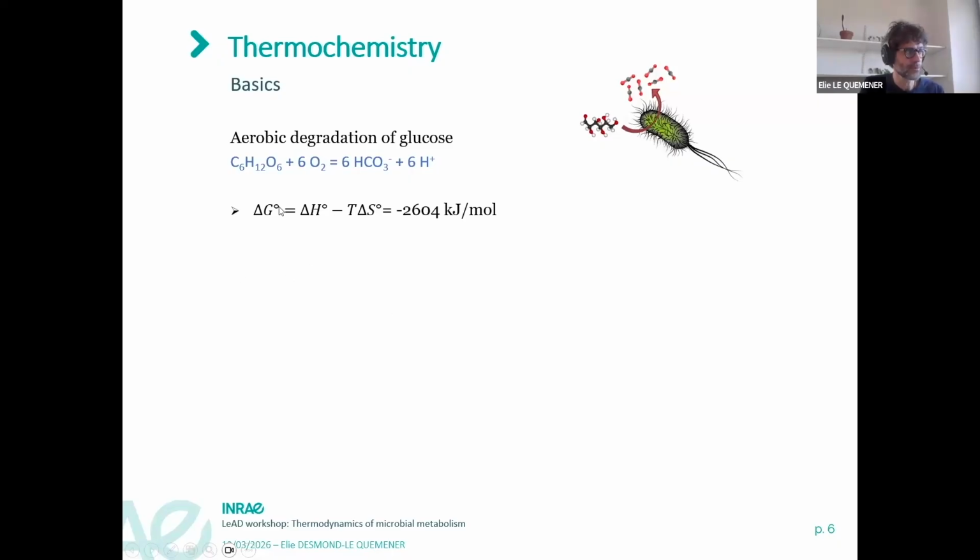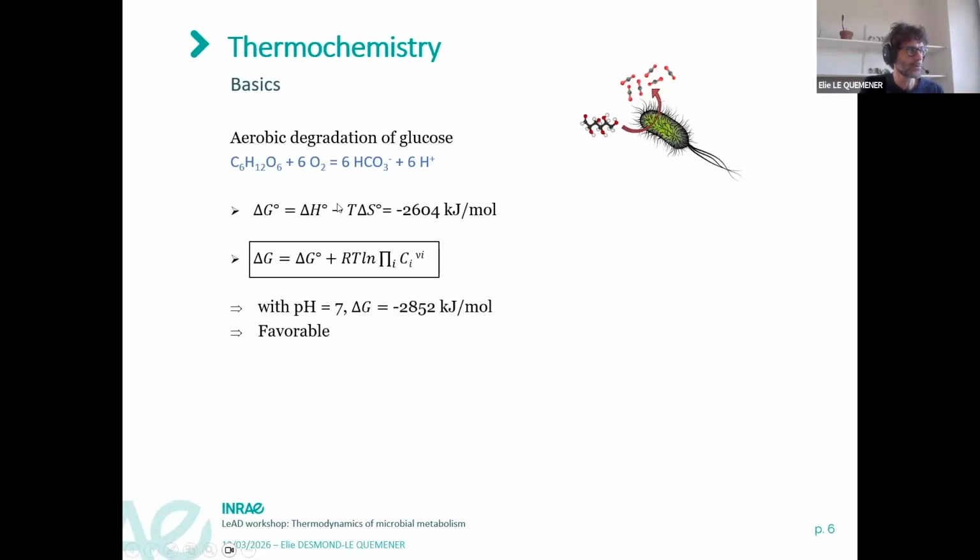But it's not the end of the calculation, because what we want is the real Gibbs energy, not the standard. And so there is a correction to the standard Gibbs energy to have the real Gibbs energy. So delta G is delta G standard plus RT multiplied by the logarithm of the product of the concentration with exponent, and exponent are the stoichiometric coefficient.